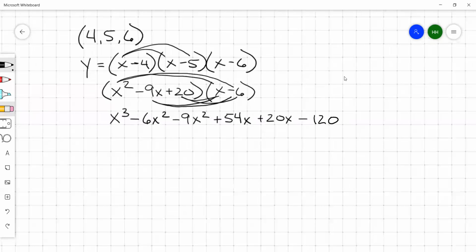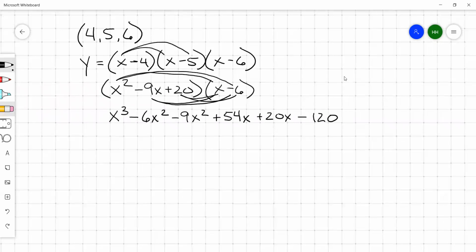And then you got to clean this up by combining like terms. So we get y is equal to, we got an x to the third. We got this -6x squared minus 9x squared. So that's going to give us a minus 15x squared.